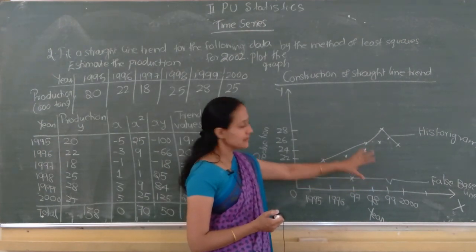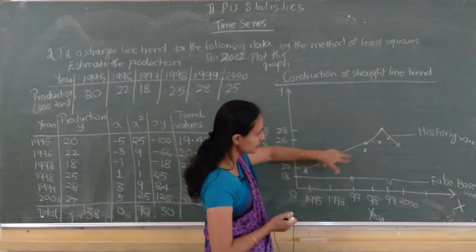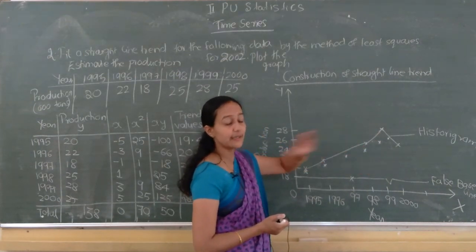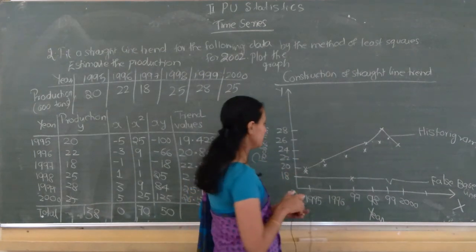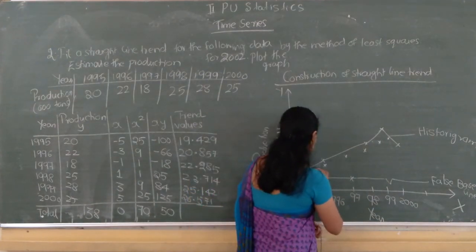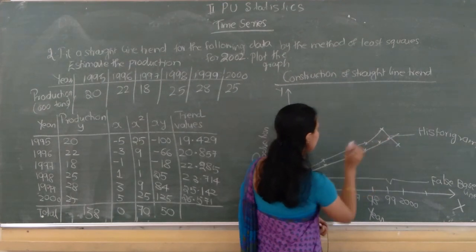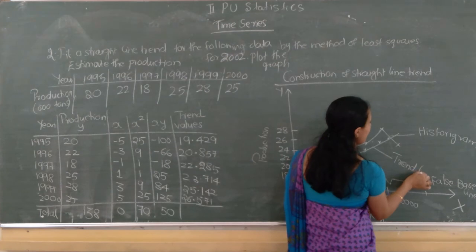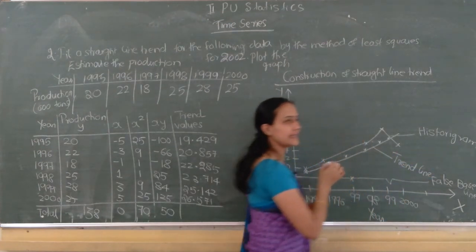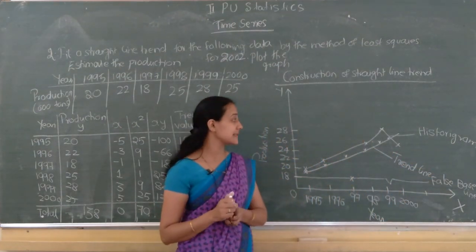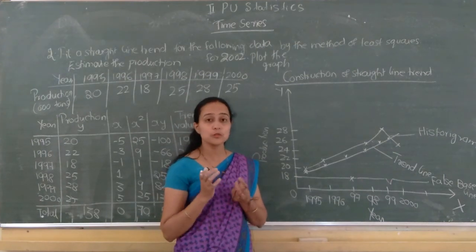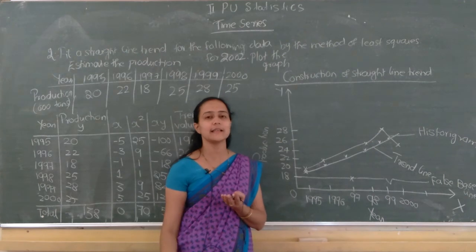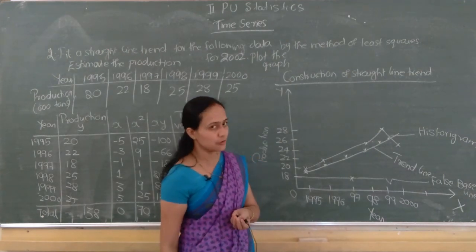This is our trend line. Clear? Yes, this is our trend line. Some points may scatter here and there; leave such points, no problem.